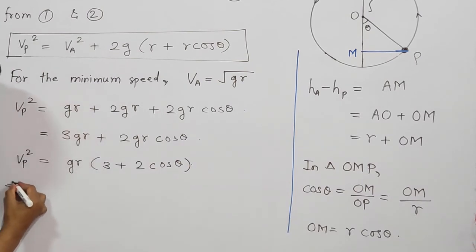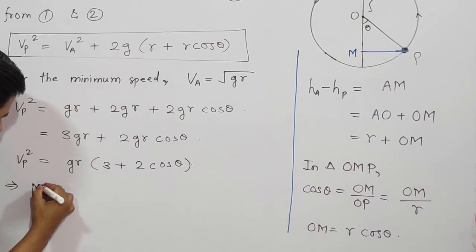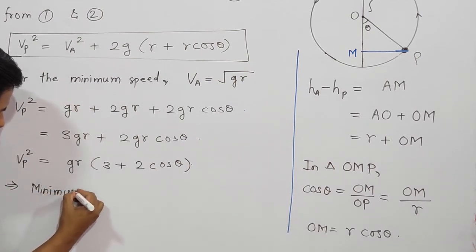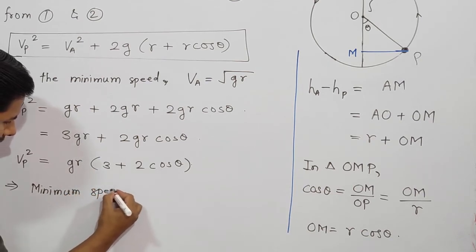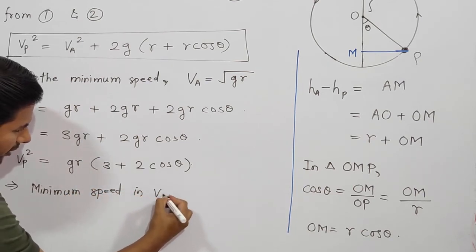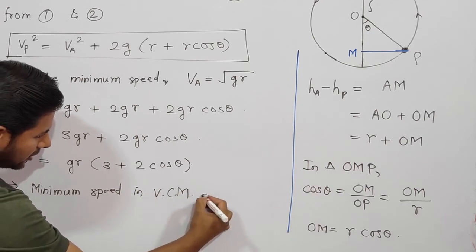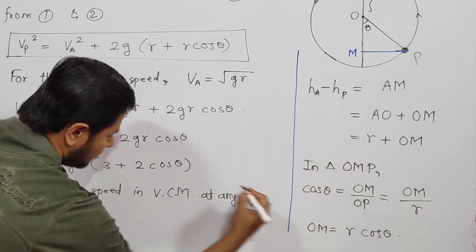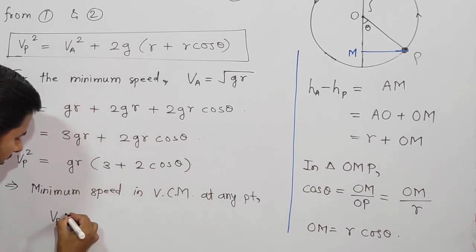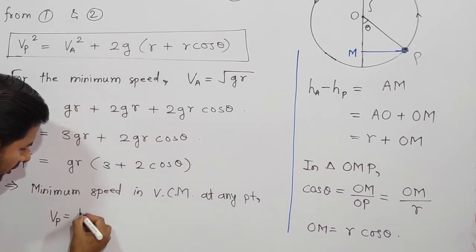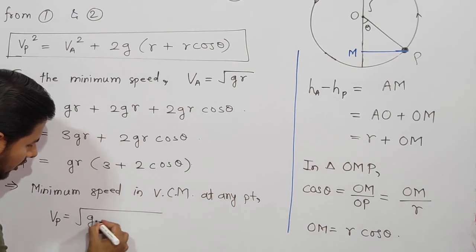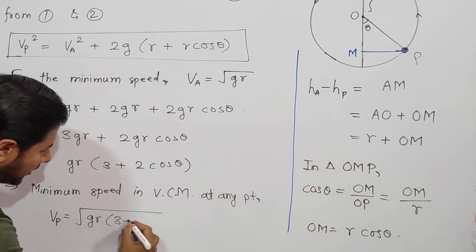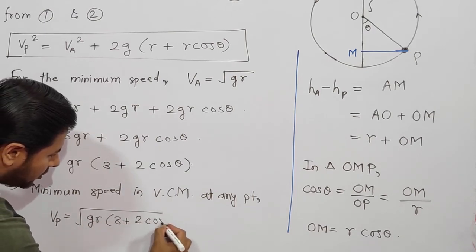and therefore we have minimum speed in vertical circular motion at any point is V suffix P equals to square root of GR multiplied by 3 plus 2 cos of theta.